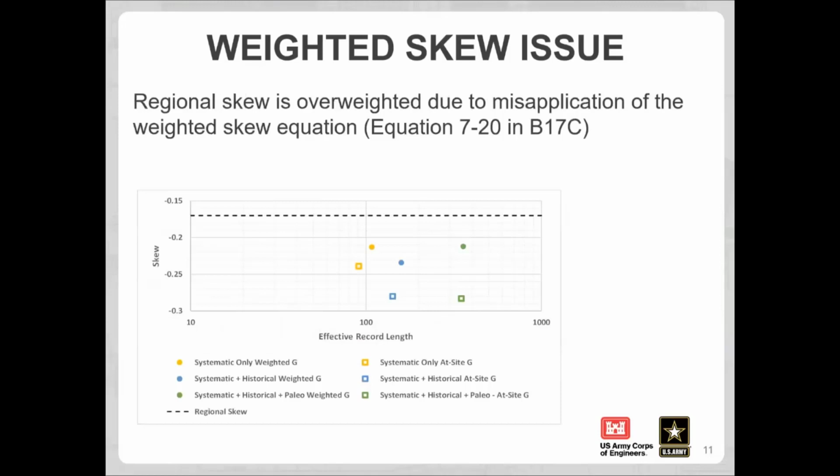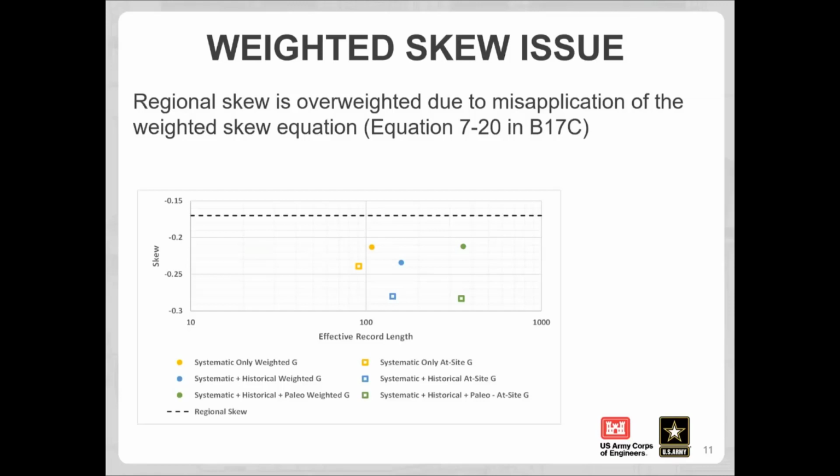You'll see the results for those three analyses summarized on this plot. To orient you to the plot, on the x-axis, we use effective record length as a way to measure the amount of at-site data we have. Moving left to right, the far left is systematic only, those are the yellow symbols.